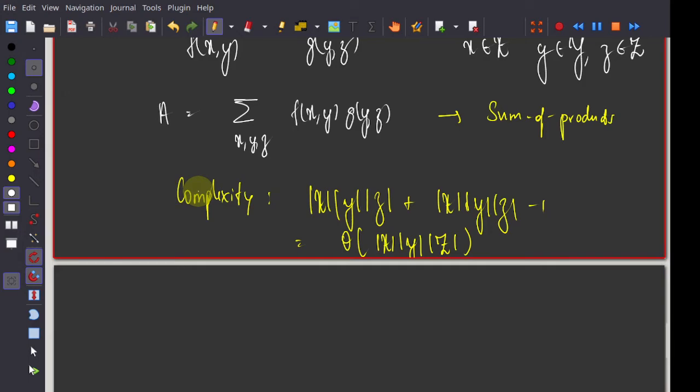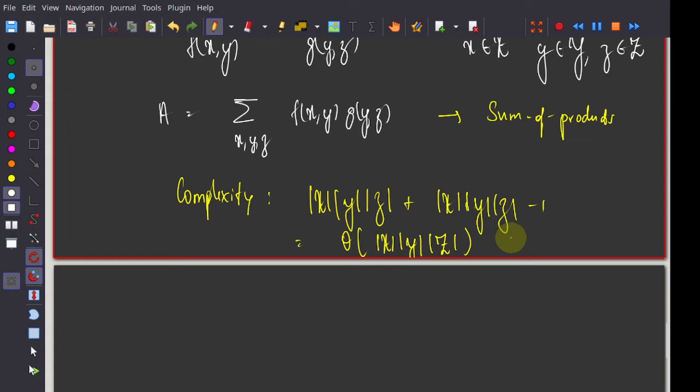Is it possible to compute A using fewer number of operations? So here you should assume that size of X, size of Y, and size of Z are very large, let's say 100 or let's say 1000.